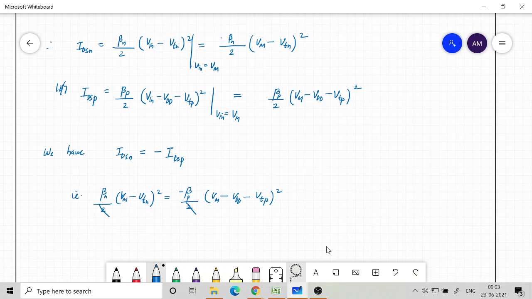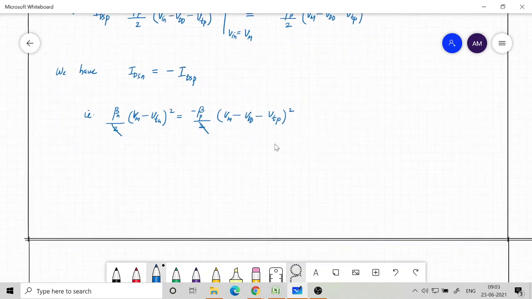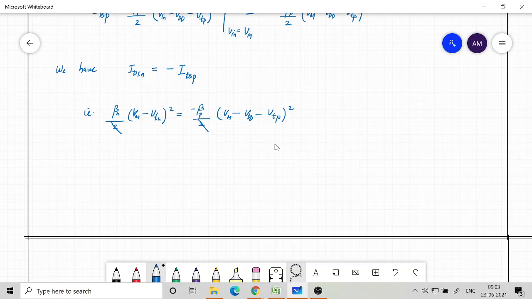So I can cancel this 2 and then I can write Vm minus Vtn the whole square as minus beta p divided by beta n, now this is a positive number, into Vm minus Vdd minus Vtp the whole square.